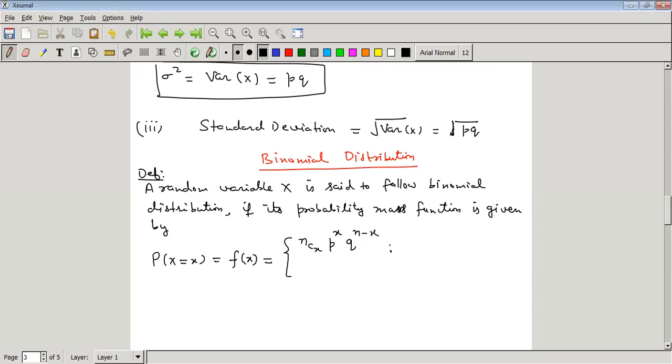Here x takes the values 0, 1, 2 up to n, and 0 otherwise. Again, p is the probability of success and q is the probability of failure, so q is equal to 1 minus p, or we can say p plus q equal to 1.